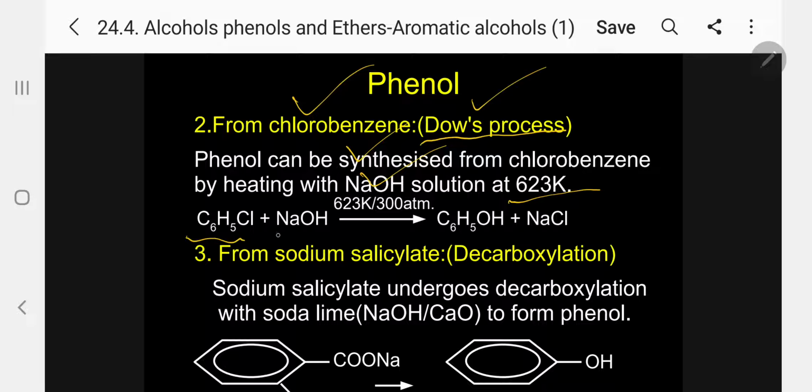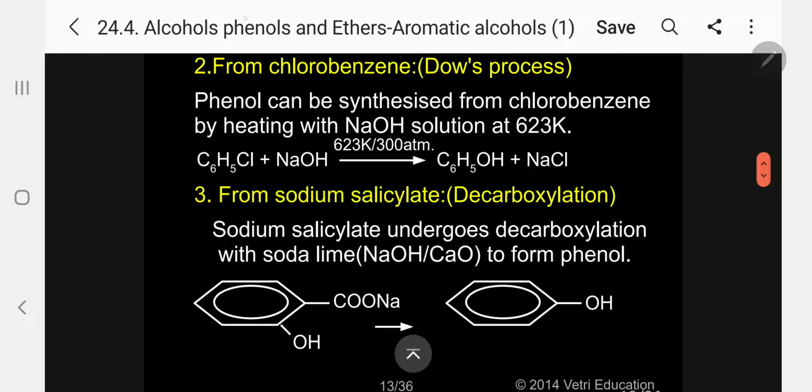So chlorobenzene reacts with sodium hydroxide at 623 Kelvin and 300 atmospheres to produce phenol and sodium chloride. From chlorobenzene we can directly get phenol by Dow's process, by heating with sodium hydroxide at high temperature and high pressure.